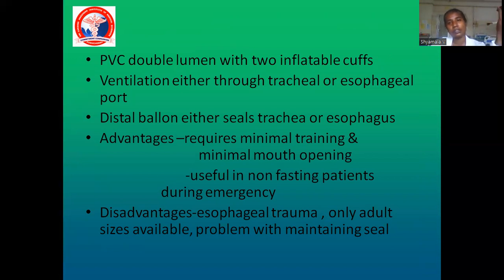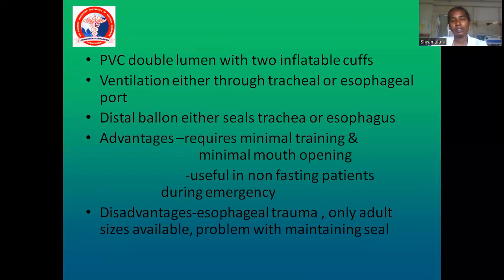Then disadvantage, sometimes if you put the cuff too much, esophageal trauma can occur. Only adult size is available. One more problem is maintaining the sealing effect. Okay, it is a PVC with two inflating tubes, cuffs, and usually ventilation through the trachea or esophageal port. We can do either of this. The distal port usually seals either the trachea or the esophagus.